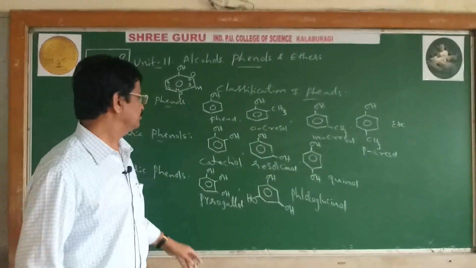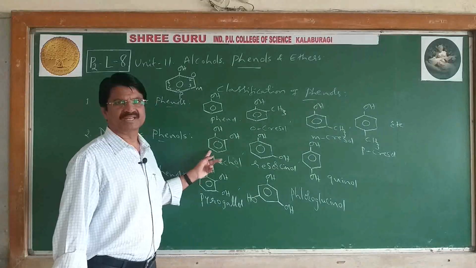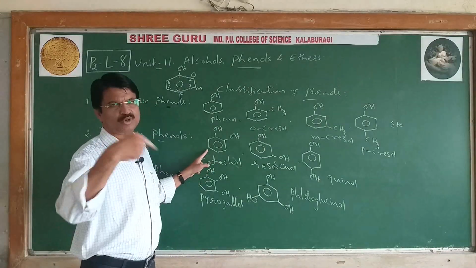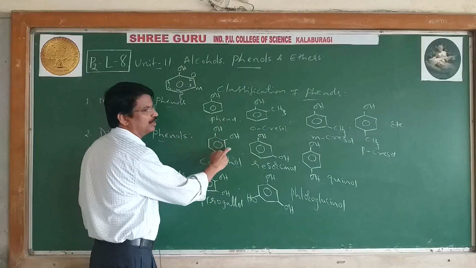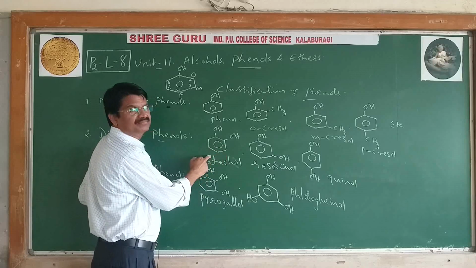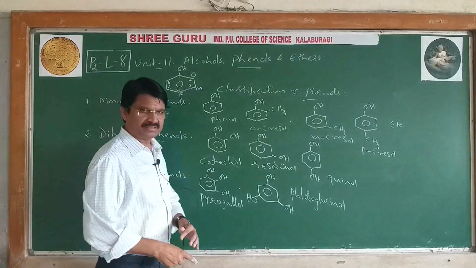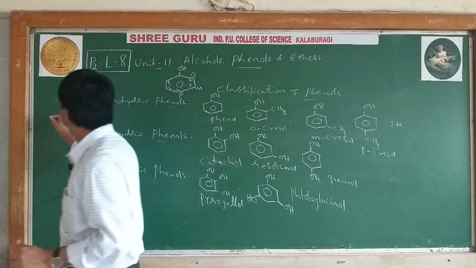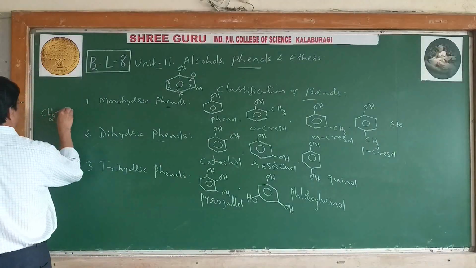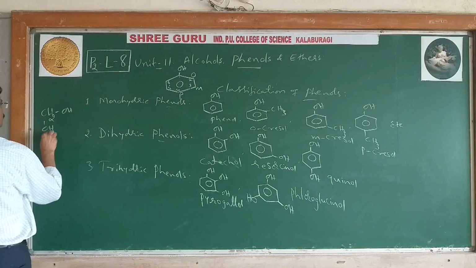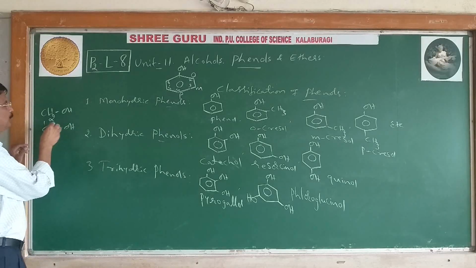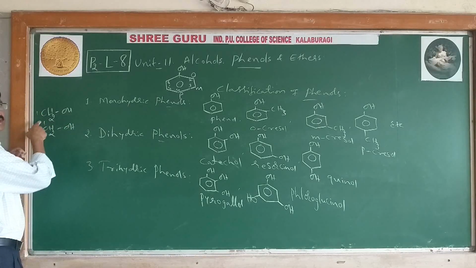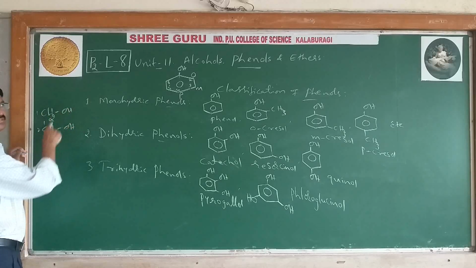Now the numbering system. Catechol is a common name. For IUPAC names, take the example of CH2OH, CH2OH: the common name is ethylene glycol, but the IUPAC name is ethane 1,2-diol.